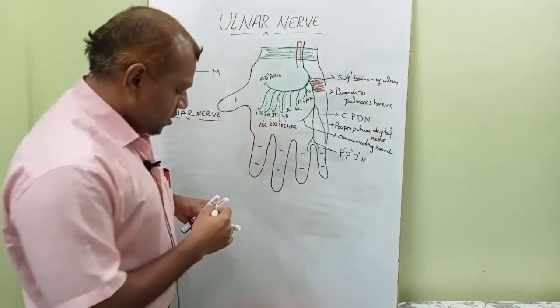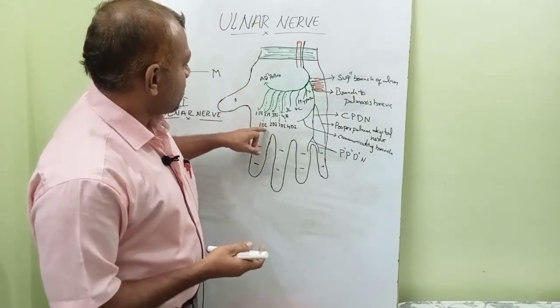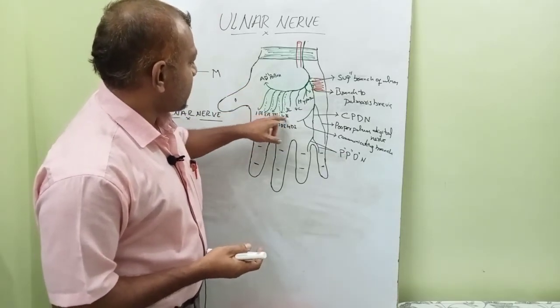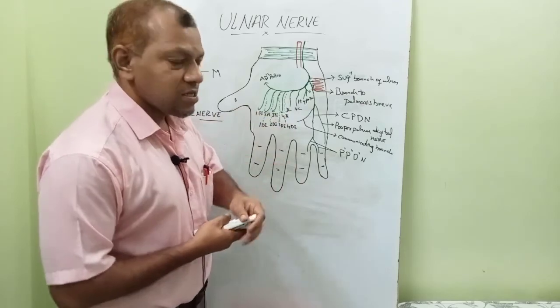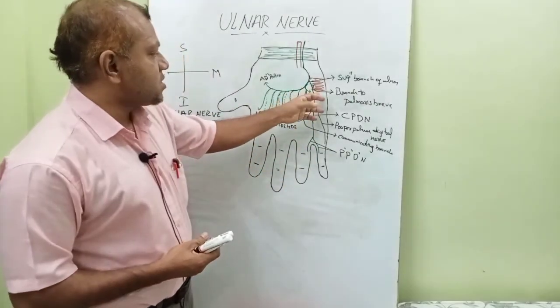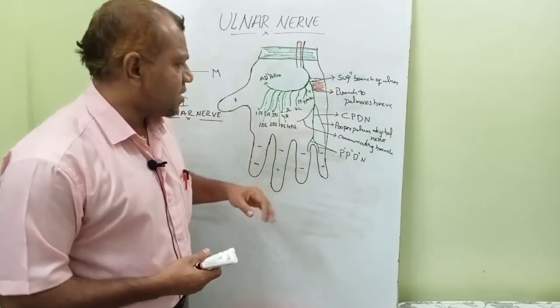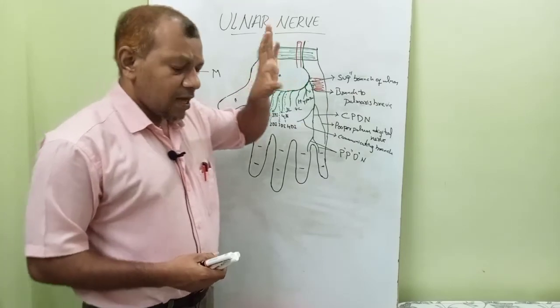So that is about the nerves supplying these muscles. 1, 2, 3, 4, 5, 6, 7, 8, 9, 10, 11, 12, 13, 14 muscles are supplied by the deep branch of the ulnar nerve, whereas the superficial branch supplies the palmaris brevis, and also the medial 1.5 digits. So what about the articular branches?